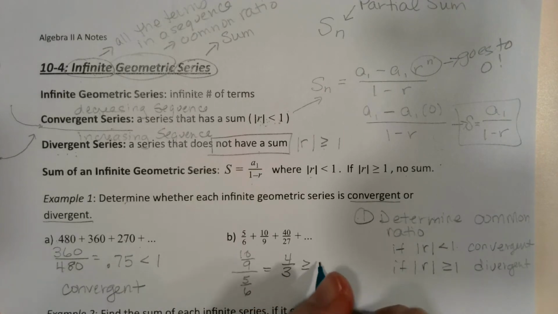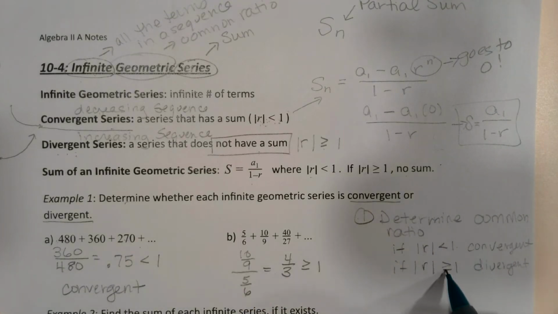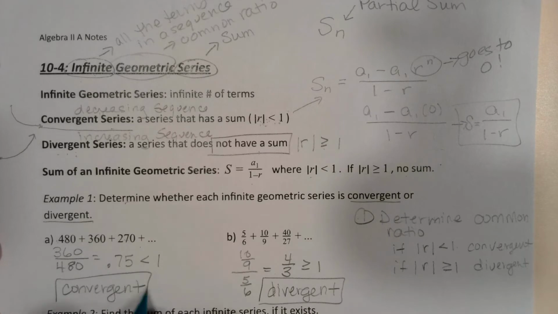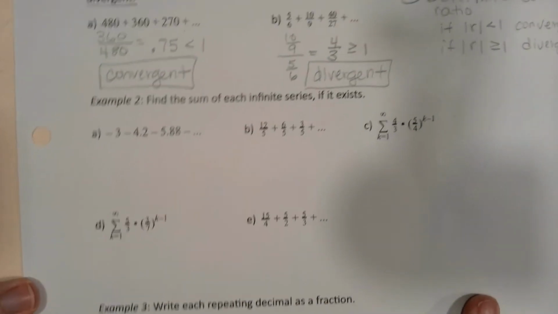This is greater than or equal to 1. That fits into the divergent. So if we were trying to find the sum, we would just say, this is a divergent series, we cannot find the sum.